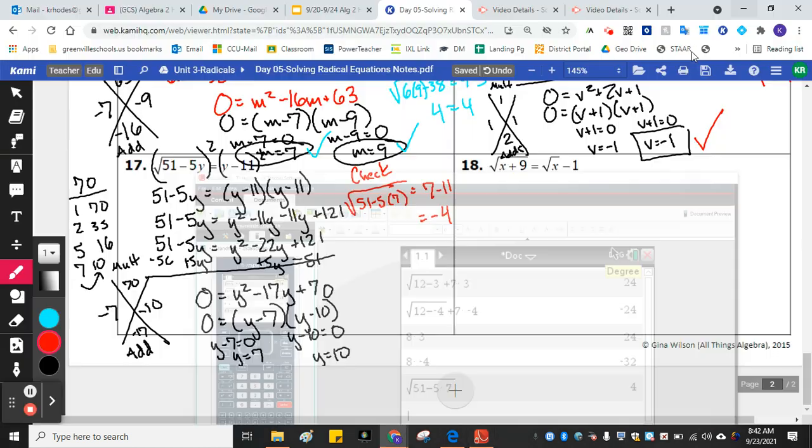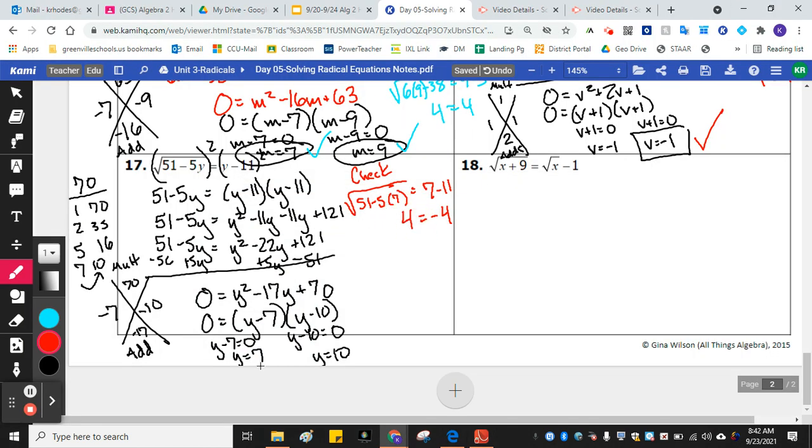I get a positive 4, but not a negative 4. So 7 doesn't work. So I check 10. This one does not work as well. So here, since both answers do not work, it is no solution.